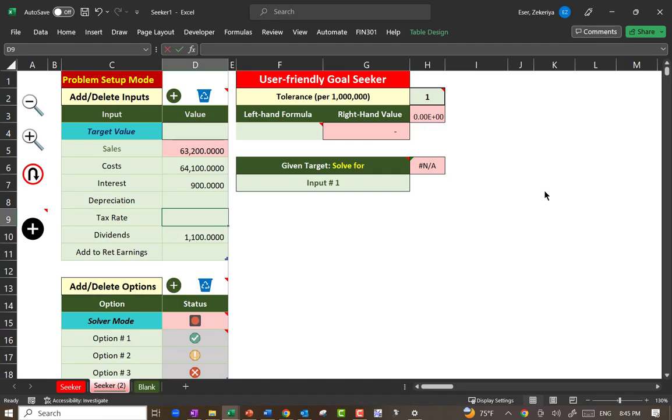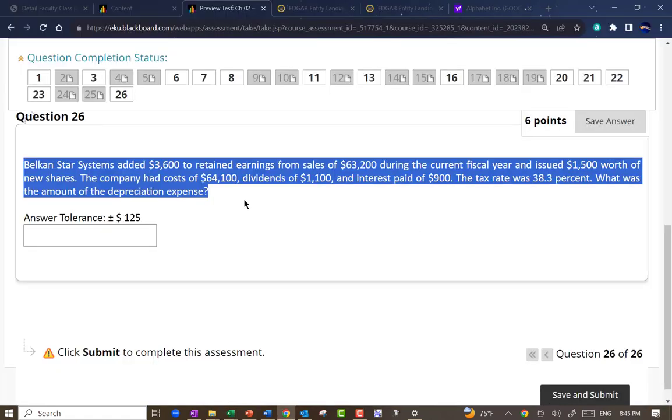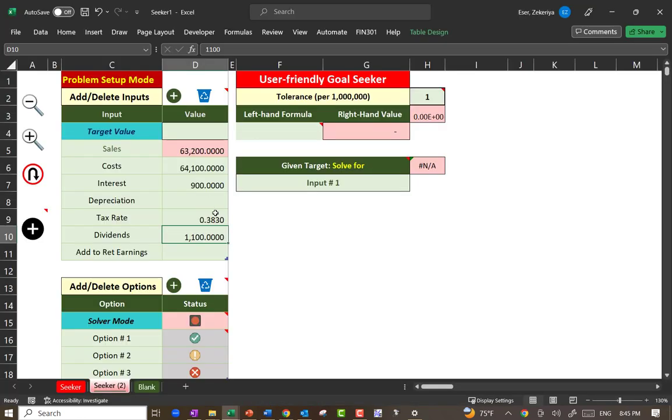Tax rate, 38.3%. Retained earnings, 3,600. I call this the target value now, but I know that that's net income. I can calculate net income as dividends plus retained earnings.